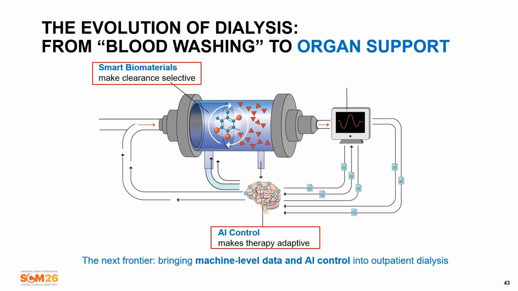Maybe in the future, it's very likely possible that the dialysis machine will adjust the blood flow rate and everything by itself based on the AI prediction. It's like we're using the auto-driving car, basically.